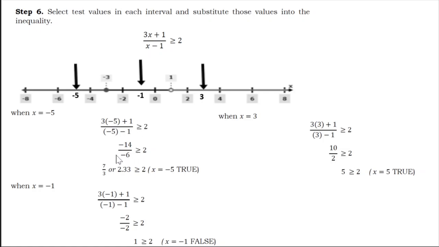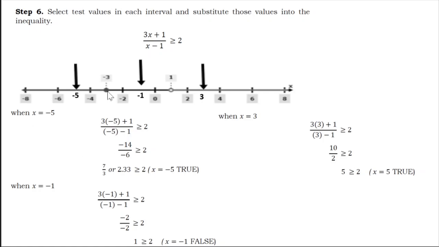So, negative 14 over negative 6, so magiging 2.33 greater than 2. So, x is equal to negative 5, then that is true. Meaning, yung values less than negative 3 ay kasali sa ating solution. So, may idea na tayo.